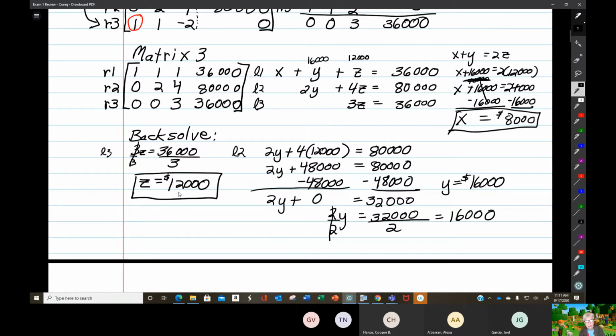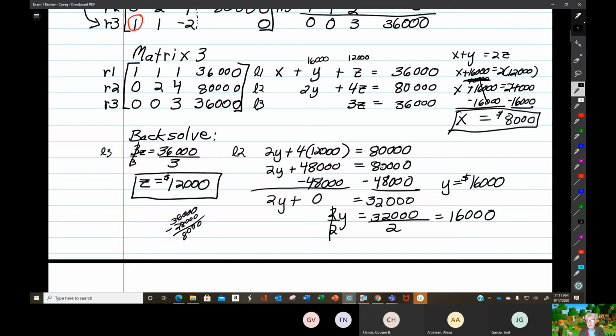But if you don't feel good about that, you could go ahead and use this line. 16,000 plus 12,000 is 28,000. You would subtract 28,000 from 36,000. And you would still get 8,000, that X equals 8,000.